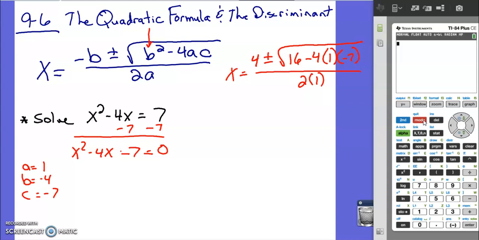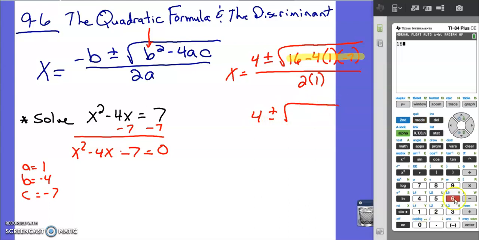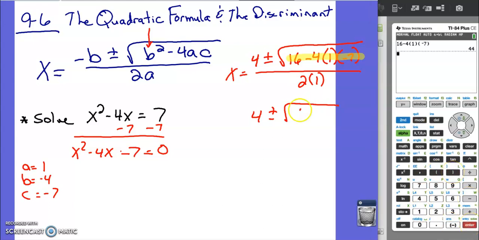A lot of people, when they grab the calculator, they'll just figure the inside out, which you could do. If you're showing every single step, you could just do 4 plus or minus the square root, and then just literally plug 16 minus 4 parentheses 1 parentheses negative 7. So the whole inside is 44.